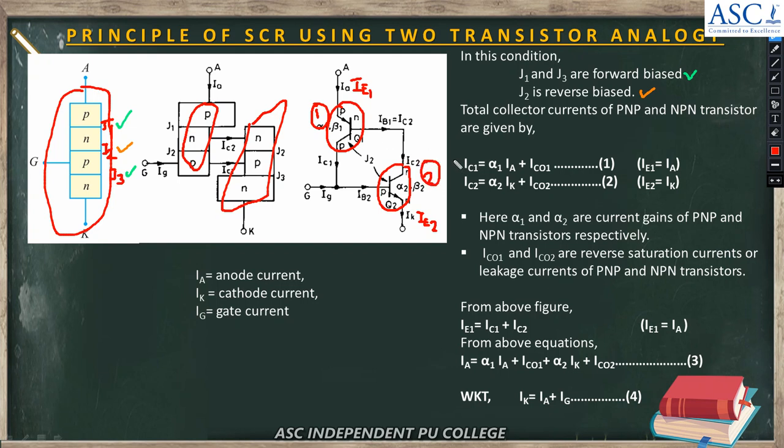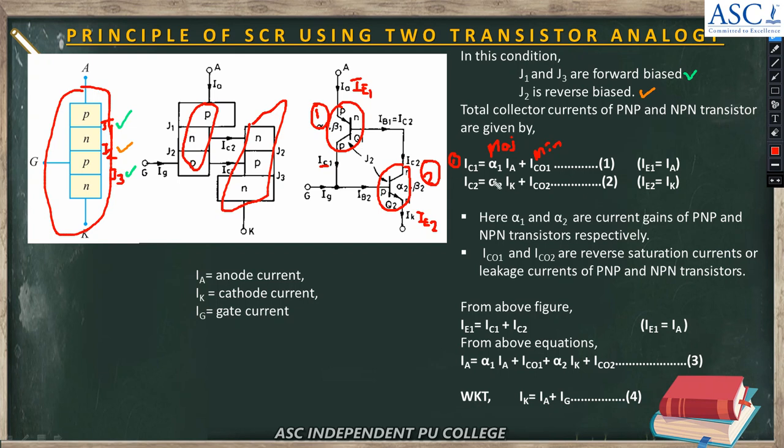For transistor 1, the collector current, that is current flowing through collector terminal of PNP transistor, flows due to majority as well as minority charge carriers.